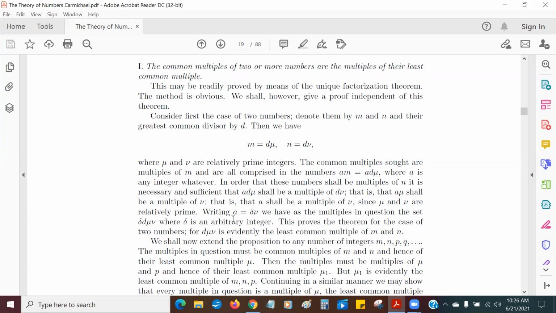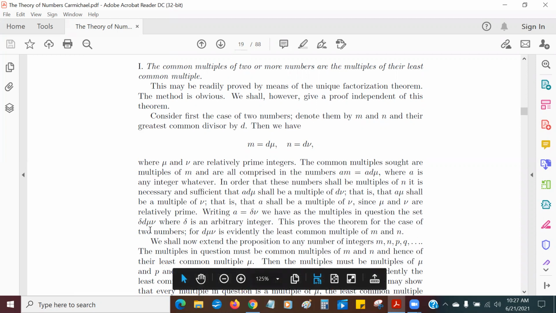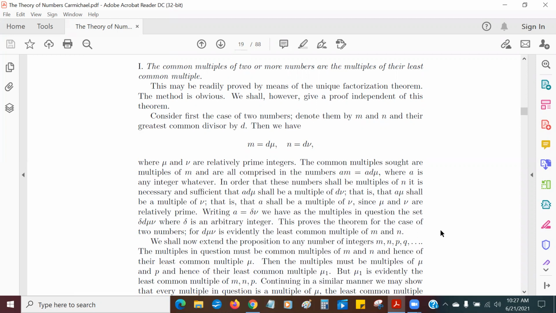So writing that a equals delta v, we have as multiples in question the set delta d mu v, where delta is an arbitrary integer. That's my multiples. This proves the theorem in the case of two numbers: d mu v is the least common multiple of M and N, and delta times d mu v is any multiple of that least common multiple.